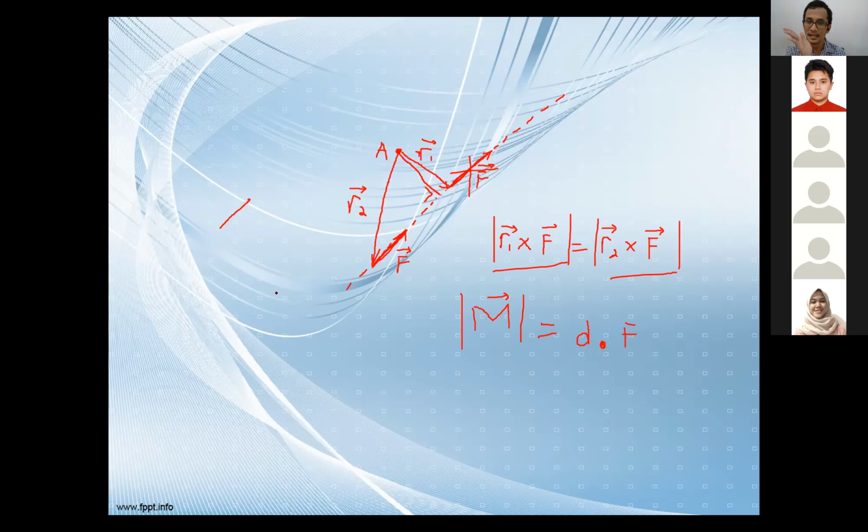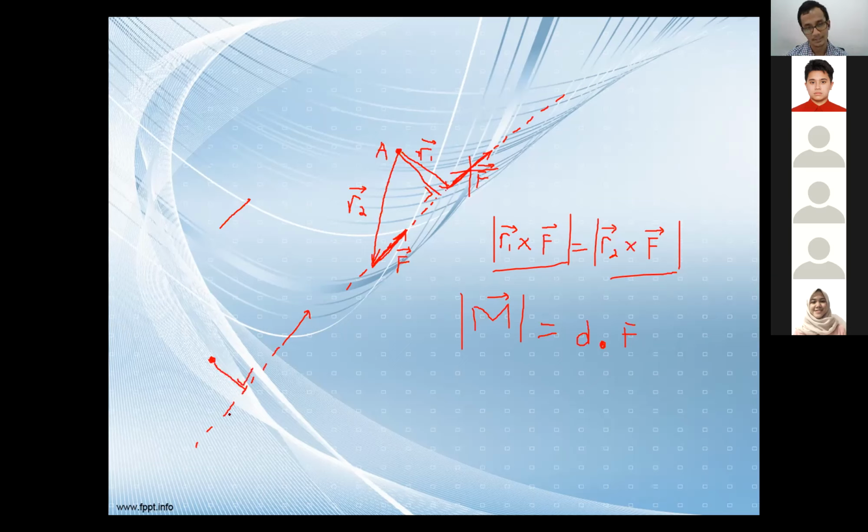Perpendicular distance is from the center of rotation to the line of action of the force. So that won't change. So even though the force is here, and the center of rotation is here, in order for you to calculate using scalar form, you have to draw the line of action first to find the perpendicular distance, because the perpendicular distance will be here.